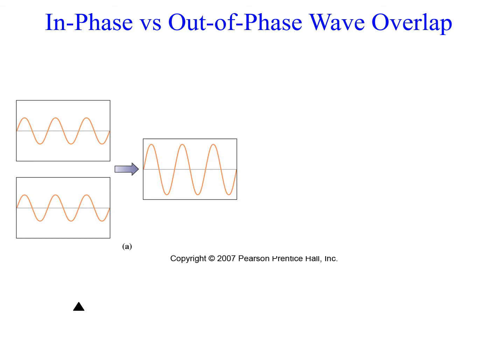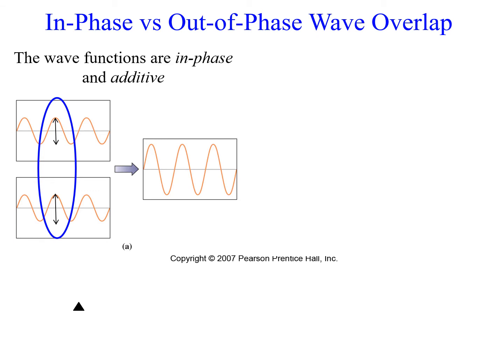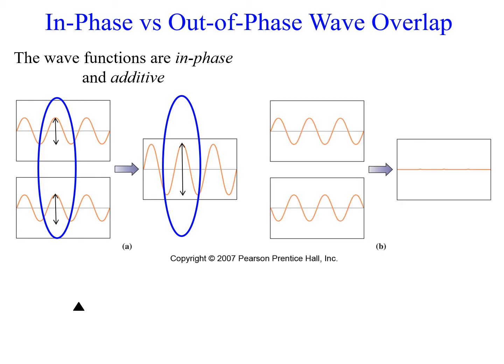Because of the same frequency, they maintain their frequency when they overlap, so it just adds amplitude when they're in phase with each other. You can see by the blue circle here that these are in phase and additive. So the wave functions are in phase and additive, and we get an increase in amplitude.